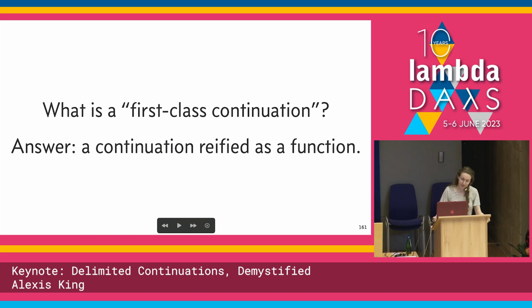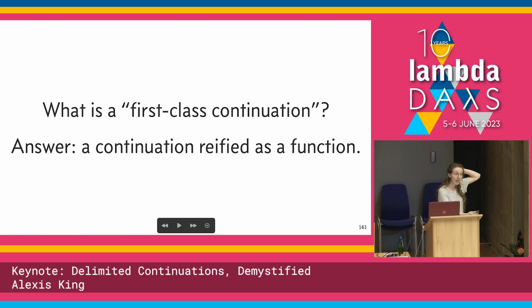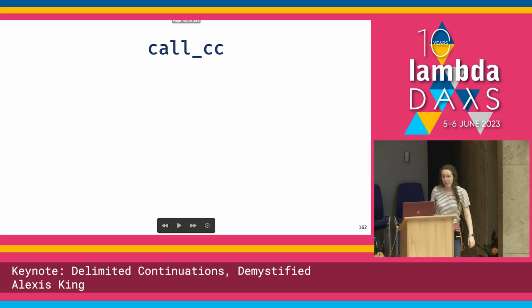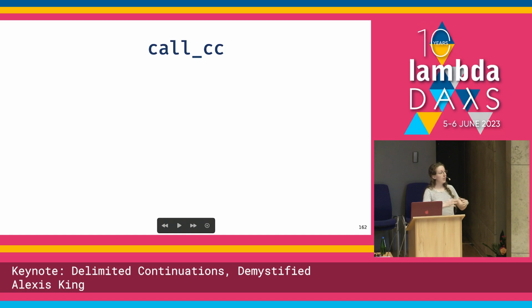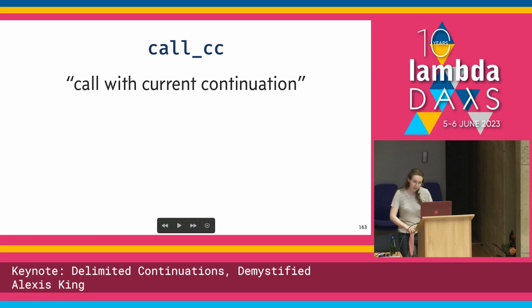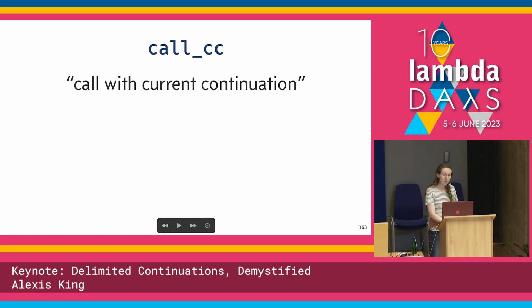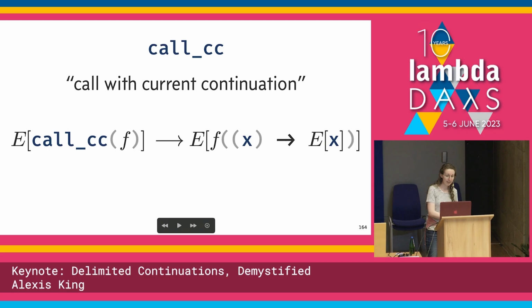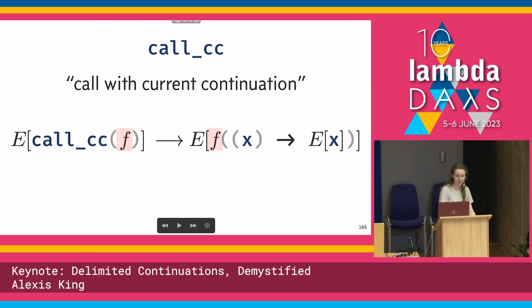Of course, this doesn't answer the question of how would you actually obtain such a function in the first place. So the sort of classic approach to doing this was called callCC, which stands for call with current continuation. And it's an operator with a reduction rule that can be described sort of like this. This is not entirely accurate, and I'll get to that in a second.